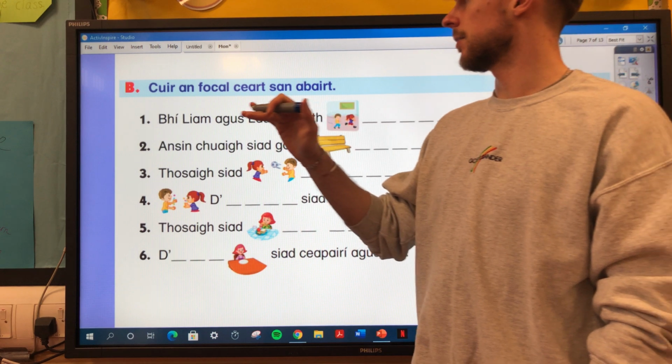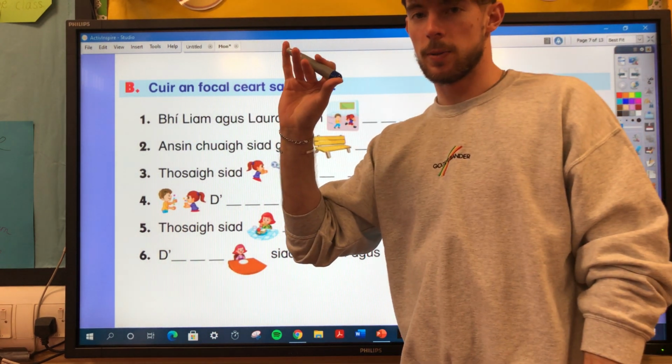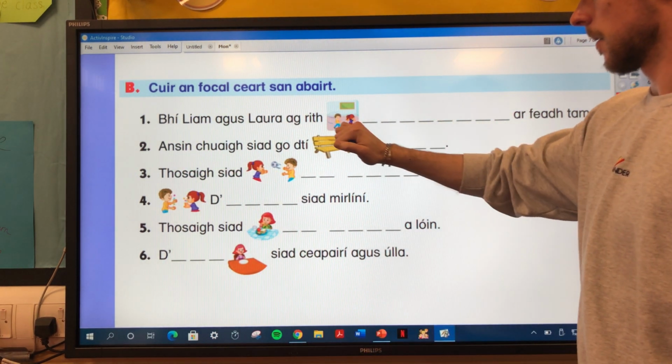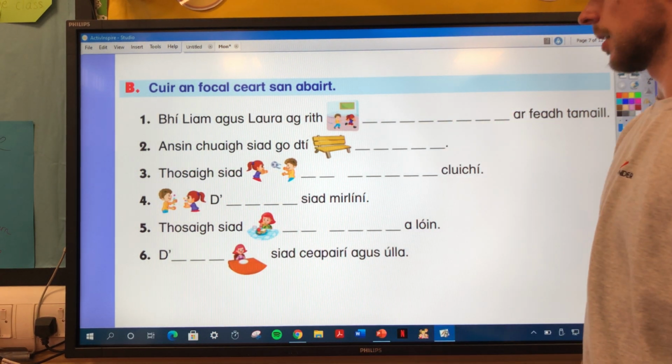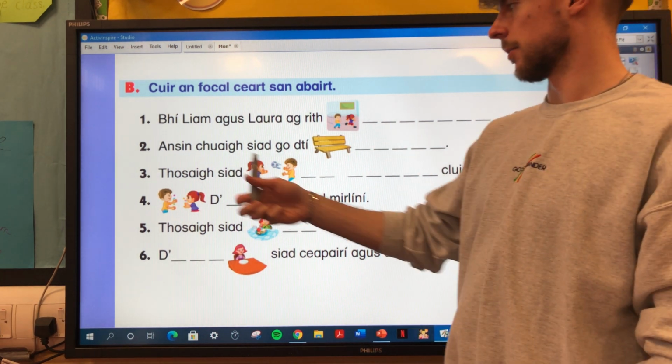So scríbna focal is seach agus scríban Albert is seach is a cópláir. Okay? Bhí Liam agus Laura ag ré fat tama. Right? So what were they doing? Ag ré fat tama.